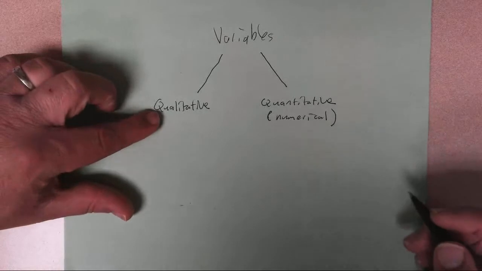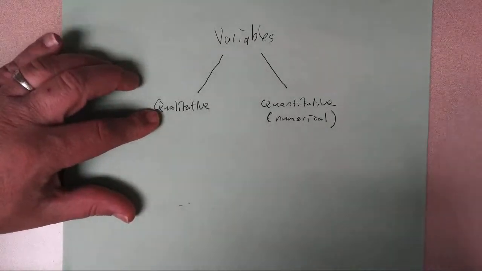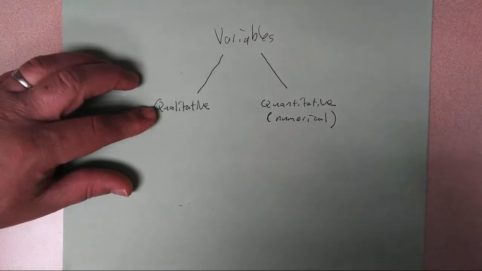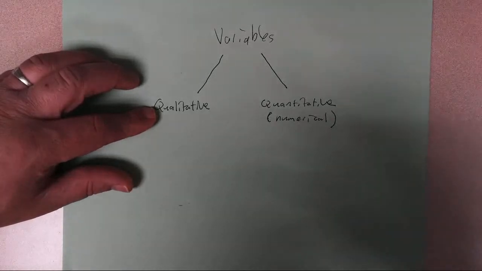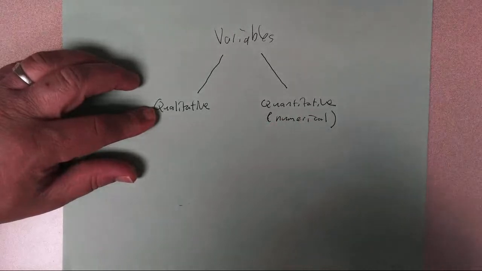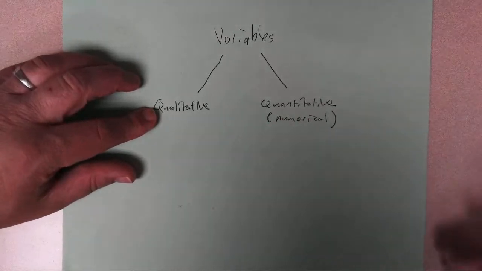Okay, now when you look at this word qualitative, you think of the word quality, like the different qualities that people can have, like whether you're a freshman, junior, senior, or whether you're Republican, Democrat, Independent, or whatever.